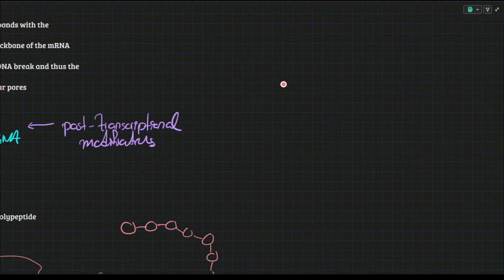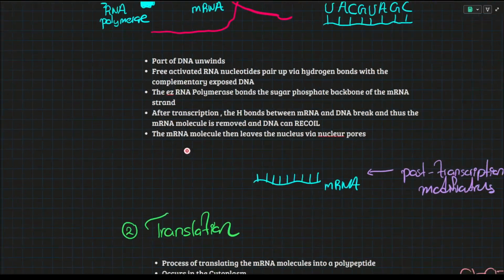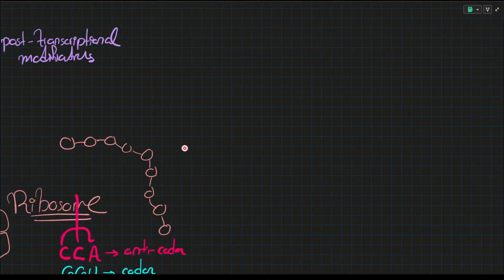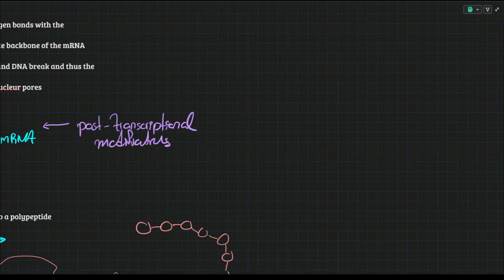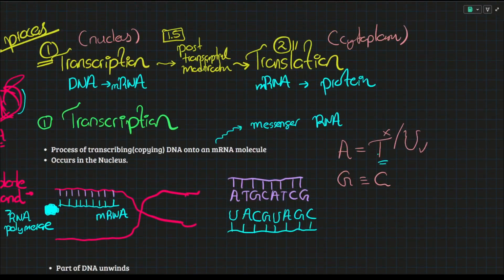Now let's look at what post-transcriptional modifications are. It's not complex. It's not a completely separate process. You just have to understand what is kept and what is removed, and that's all. Once the mRNA molecule has been produced, forget about translation for the moment. We're in the middle.